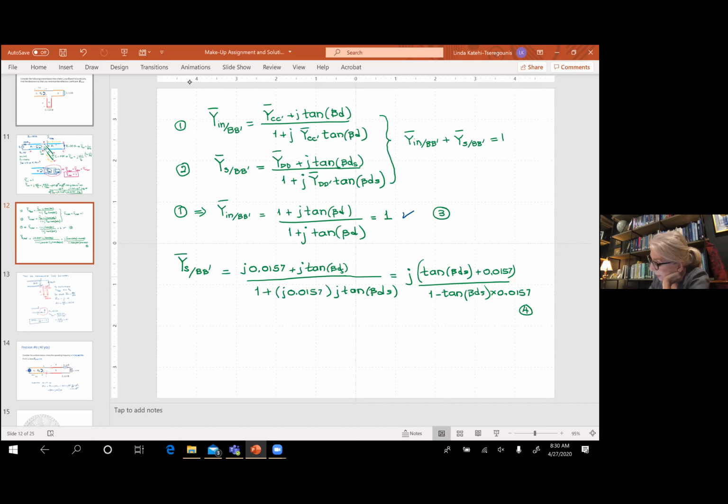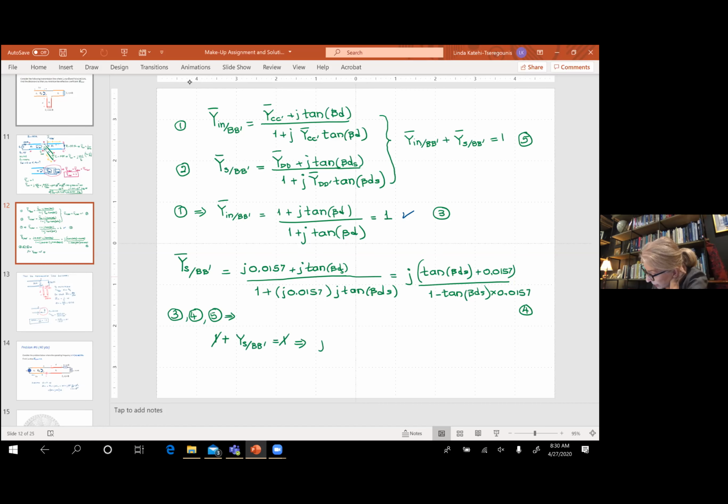So if we call this 5, then from 3, 4, and 5, what do we find? That we find that 1 plus YS BB prime is 1, which means from here that we want YS BB prime to be 0.